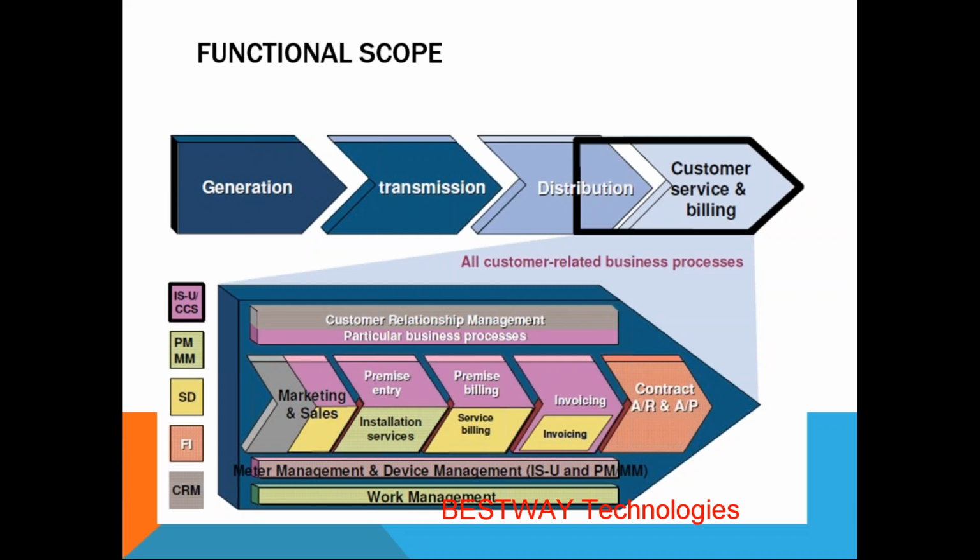And the last one is financial accounting, accounts receivables and payables. How we calculate your charges is one part. Once we calculate it, how are we going to post that into general ledger accounts, what general ledger accounts you are going to maintain, how many types of accounts, how many functional areas, everything is taken care of by your FICA consultant.